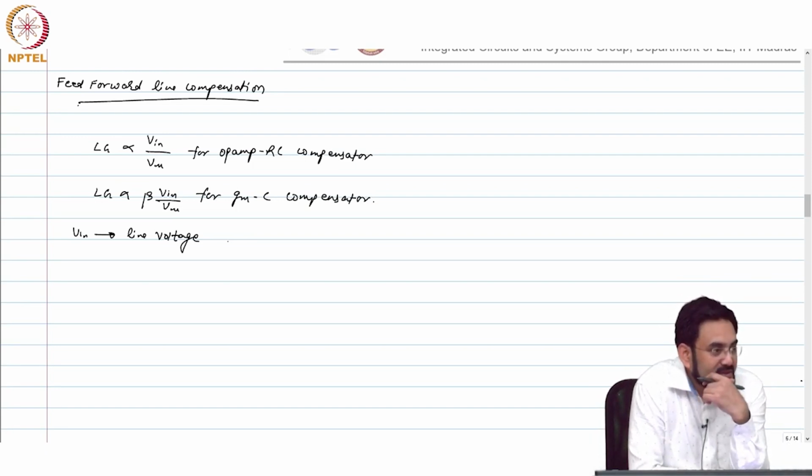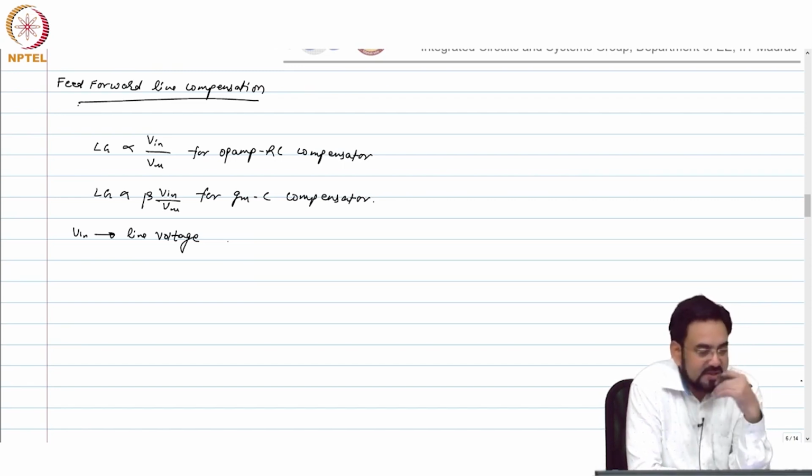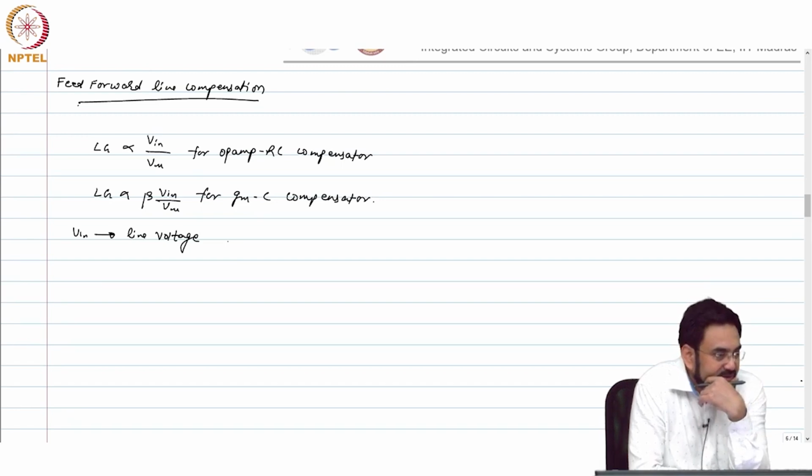So what would happen? Let us say you have designed your compensator for one particular V in, let us say 1.8 volt, and if your V in goes to 2.5 volt, or let us say 3.6 volt, 2x of that, what will change?